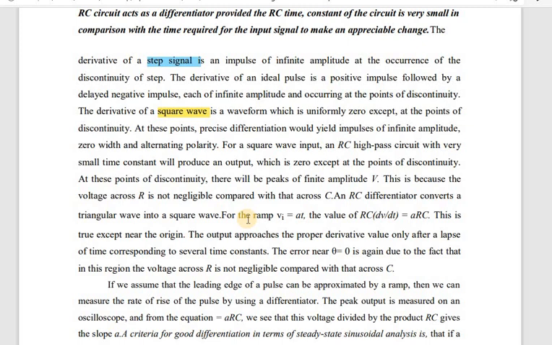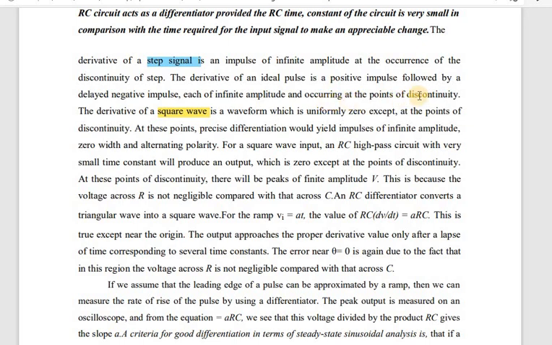First, I am applying a step signal. The derivative of a step is an impulse of infinite amplitude at the occurrence of the discontinuity of the step. The derivative of an ideal pulse is a positive impulse followed by a delayed negative impulse, each of infinite amplitude and occurring at the points of discontinuity.